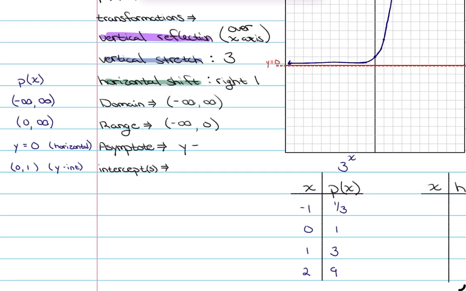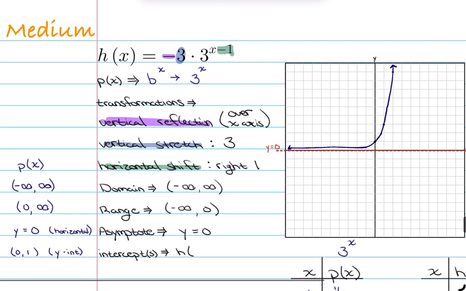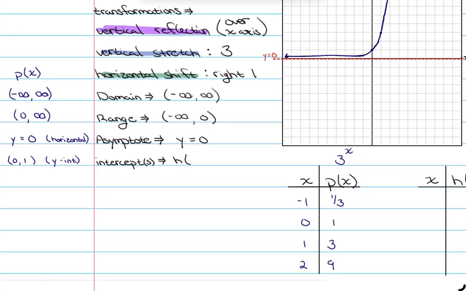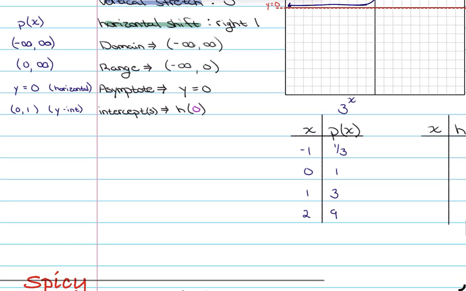And for our intercepts, remember that means we need to find, in this case, it's h, that's the name of our function. And we are going to find h of 0. Okay, so that means we're going to have -3 times 3 to the 0 minus 1.